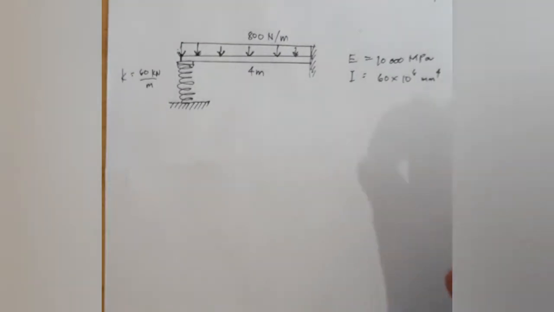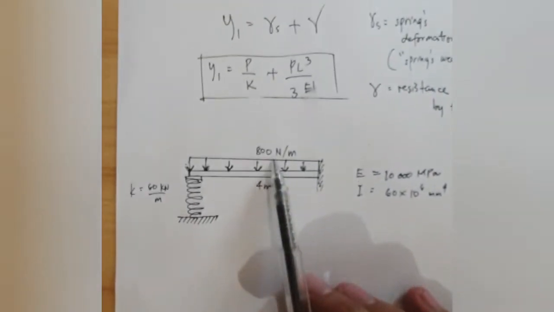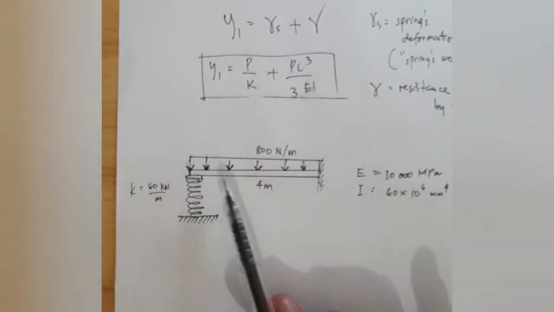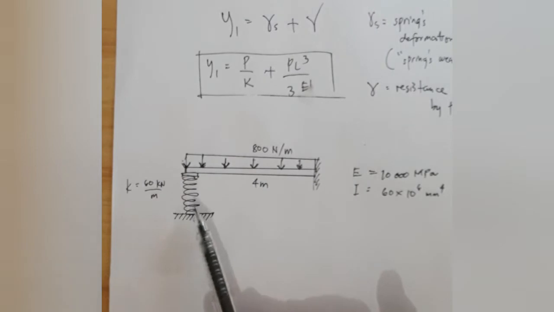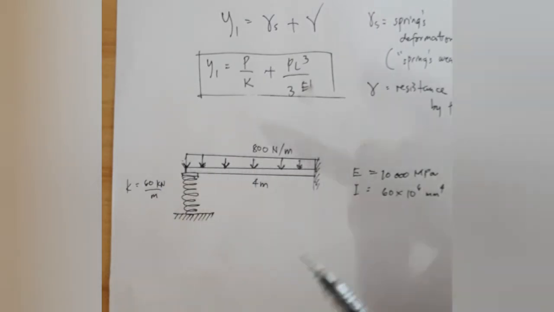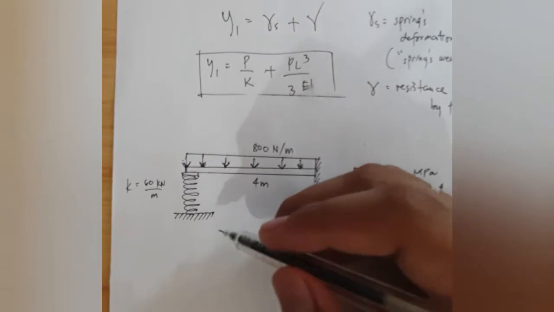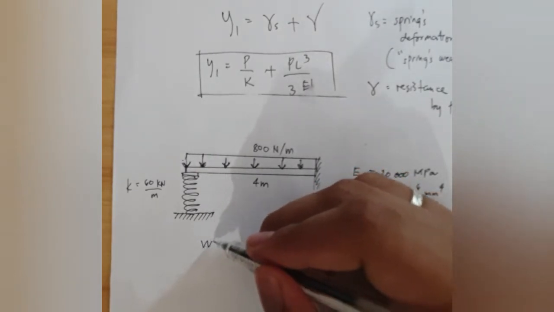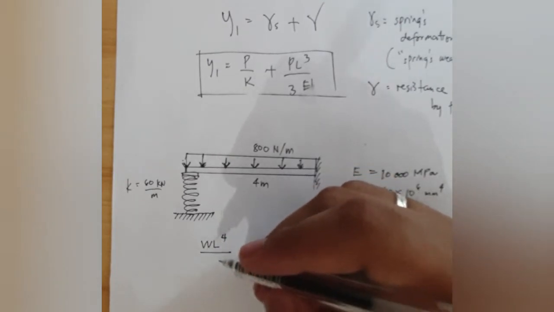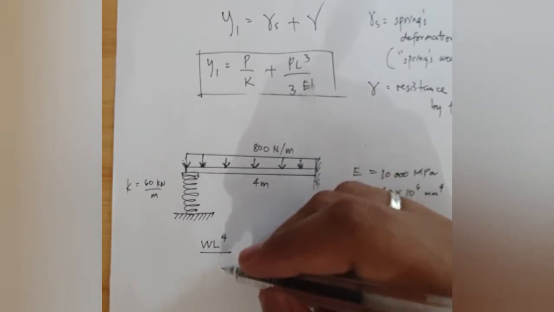Okay, so we will use this. y sub 1 is the deflection of the beam without support. So what is the deflection of a uniformly distributed load? y sub 1 is WL to the 4 over 8EI.